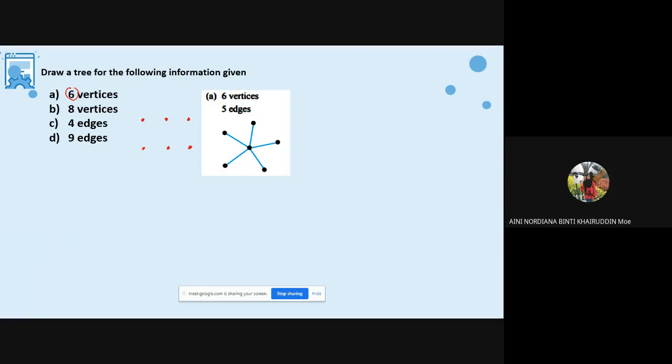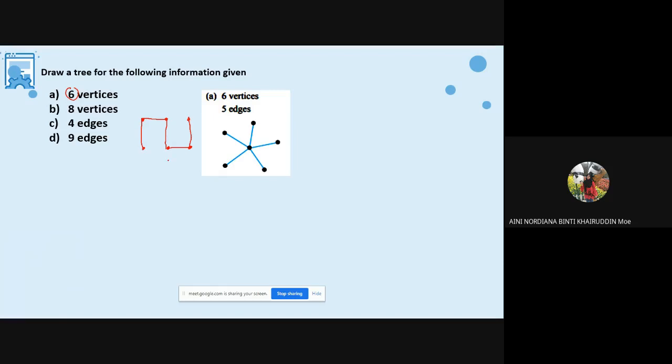Okay, contoh. Yang penting ada 6 vertex, 6 vertices. Lepas tu sambunglah. 1, 2, 3, 4, 5. Ni cikgu lukis freehand ni. You kena guna pembaris lah. Ini pun 3 jugalah untuk 6 vertices. Sebab ada 6 vertices, ada 5 edges. 1, 2, 3, 4, 5.